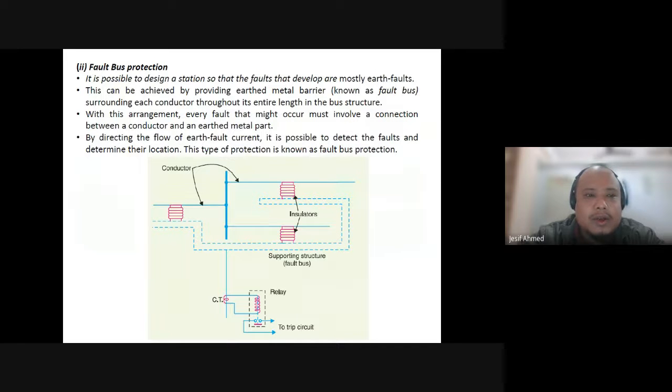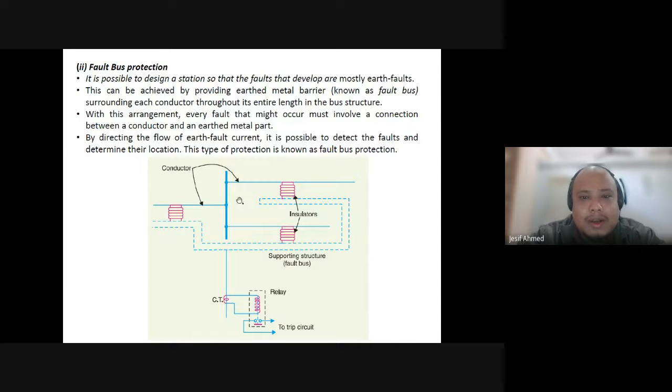Next method is fault bus protection. See, it is possible to design a station so that faults that develop are mostly earth faults. How to do it? This can be achieved by providing an earthed metal barrier known as fault bus. This is the earthed metal barrier surrounding each conductor. This is one conductor coming to the bus bar. This is another conductor. This is another conductor.